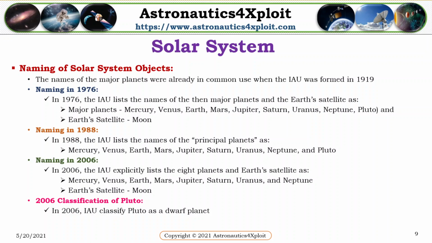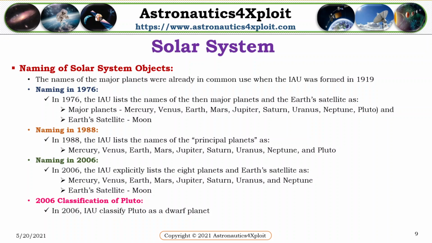In 1988, IAU listed the names of the principal planets as Mercury, Venus, Earth, Mars, Jupiter, Saturn, Uranus, Neptune, and Pluto.